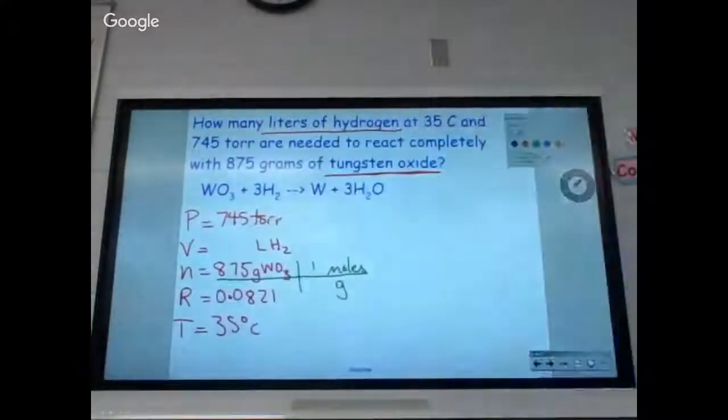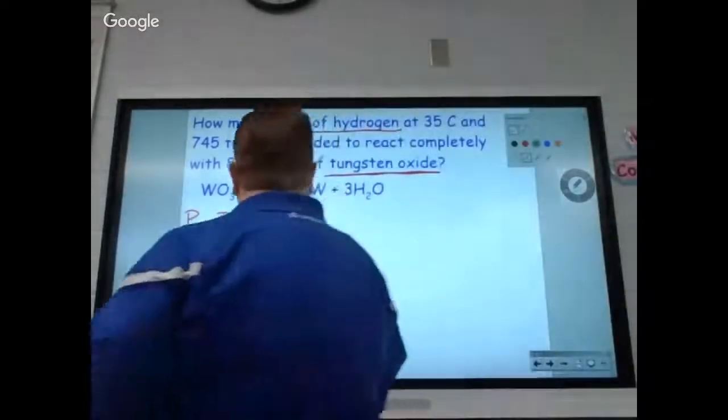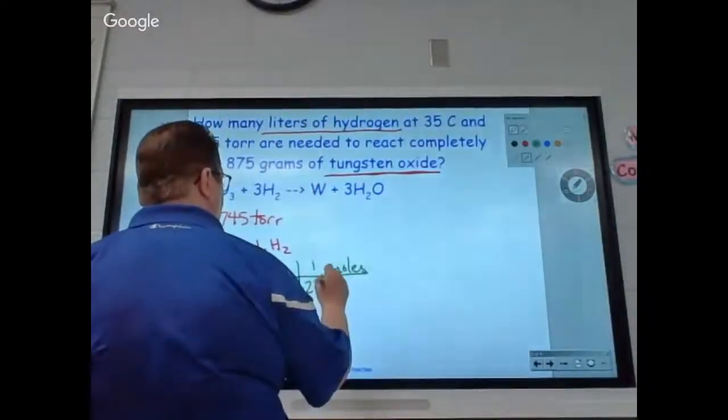So we need to add up WO3. Tungsten has a mass of 183.4, plus 48. 231.4.